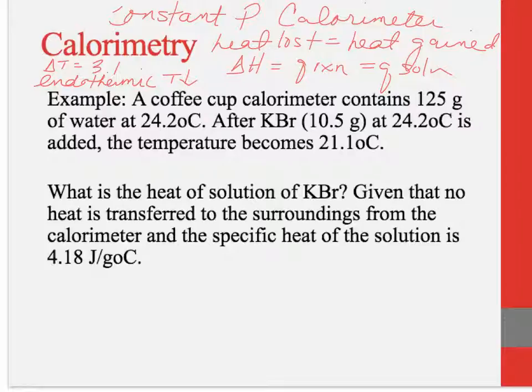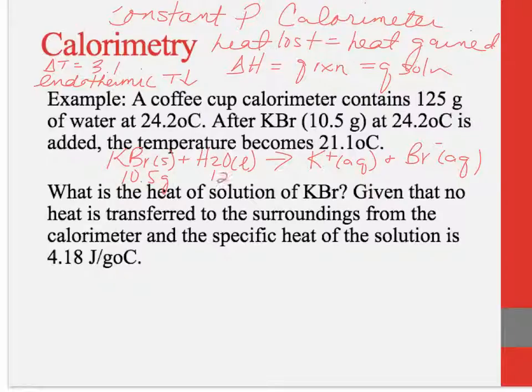We need a balanced reaction, so we've got KBr solid plus H2O liquid yields K plus aqueous plus Br minus aqueous. We also know that we have 10.5 grams of KBr and 125 grams of water. So what's going on here?